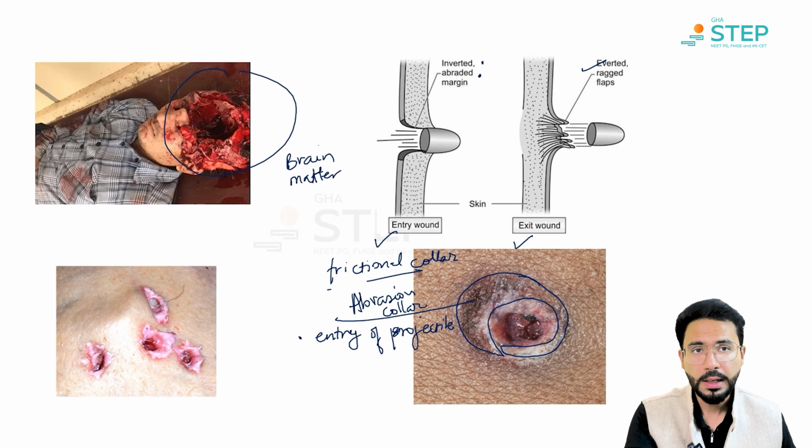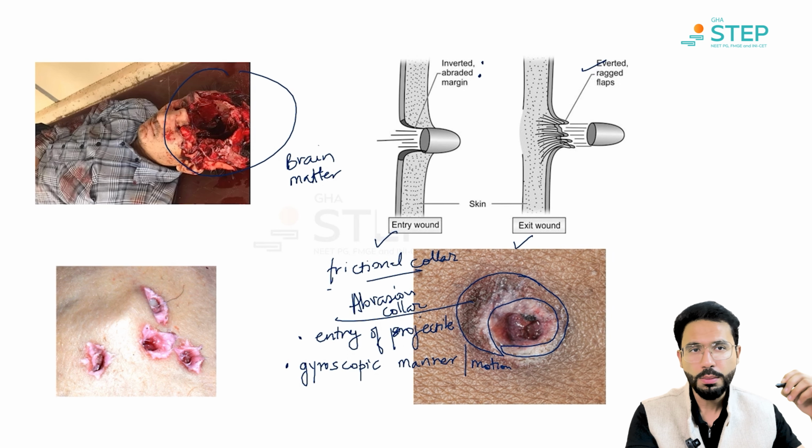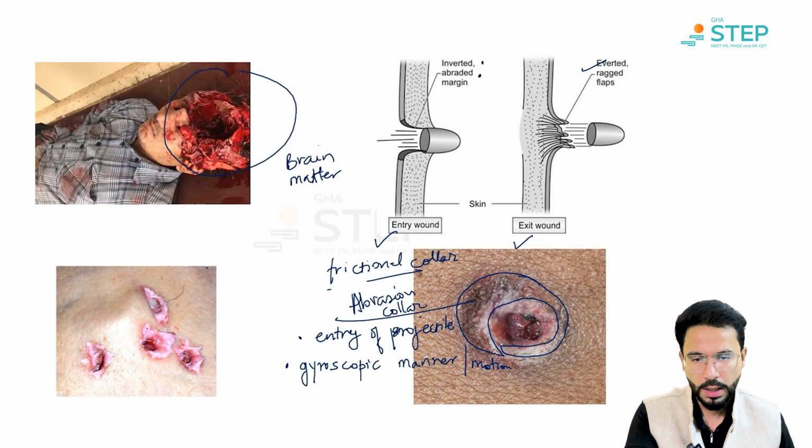So why is this entry causing an abrasion collar? Because the bullet or the projectile is moving in a gyroscopic manner or motion. So this constant rotating motion of the bullet is causing an abrasion collar.